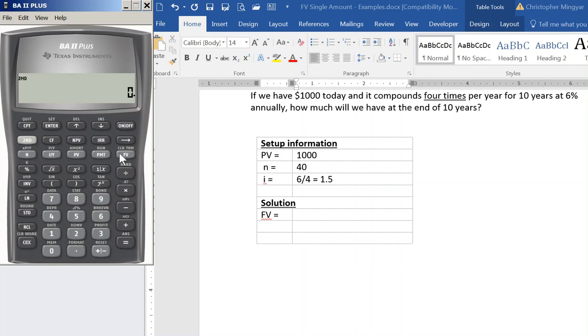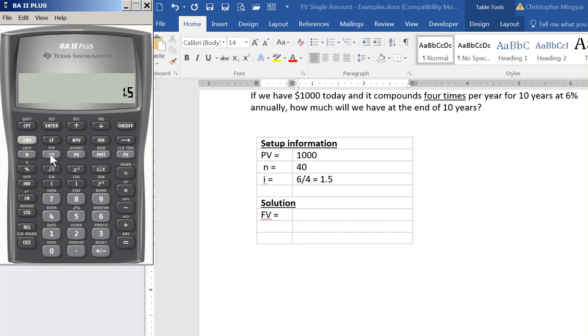Second, clear time value memories. 1,000 goes under present value. 40 goes under N. And I, we know it's 6 divided by 4. So we'll just do the calculation here and get our 1.5.